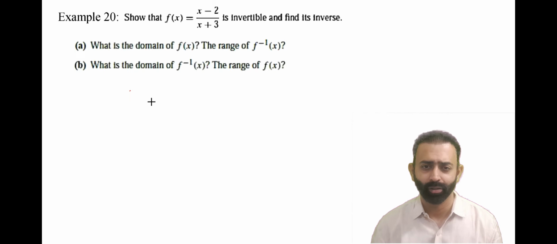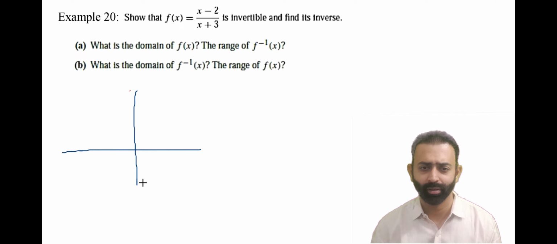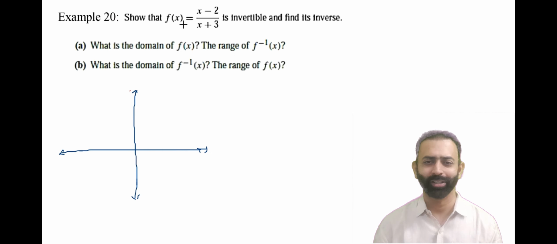Okay. So let us draw a rough sketch of the graph. Drawing the graph for this function is also a complicated thing because asymptotes are involved. As you can see here that x = -3 is not allowed, so x = -3 will be one asymptote of the graph.